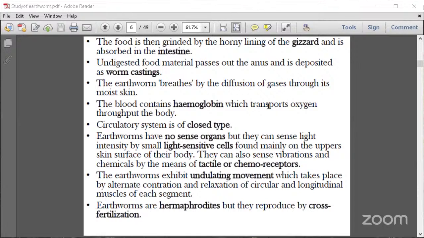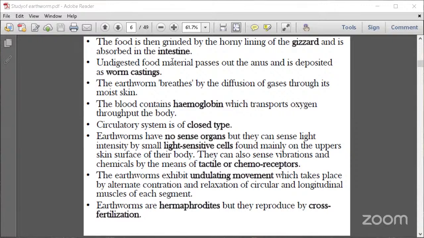Before that, first we have to finish the blood and related things. As we just discussed, the food is ground by the horny lining of the gizzard and is absorbed in the intestine. Undigested food material passes through the anus and is deposited as worm castings.